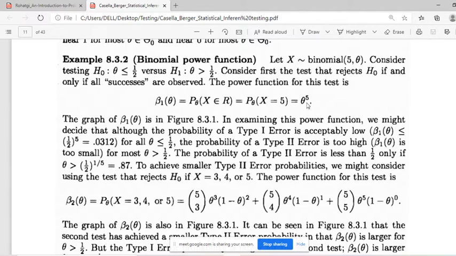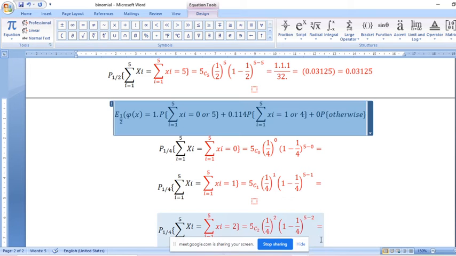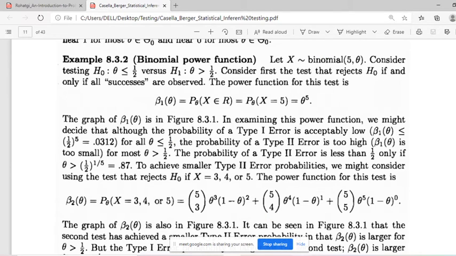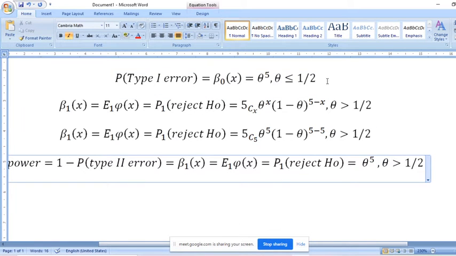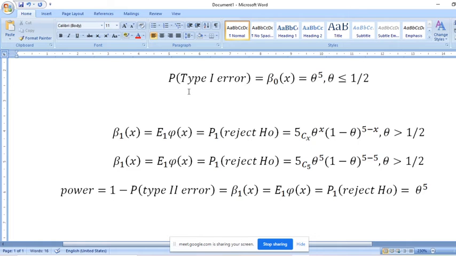Now let us look at the values for theta less than 1 by 2. For theta less than 1 by 2, what will be theta raised to 5?